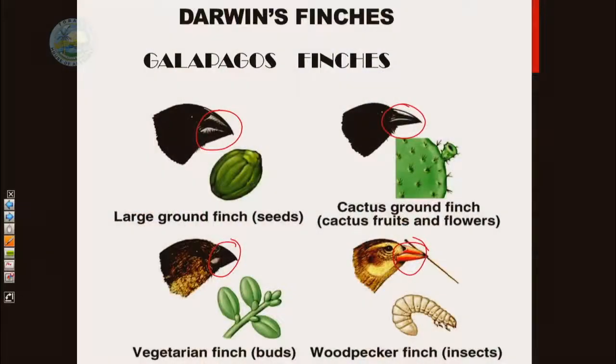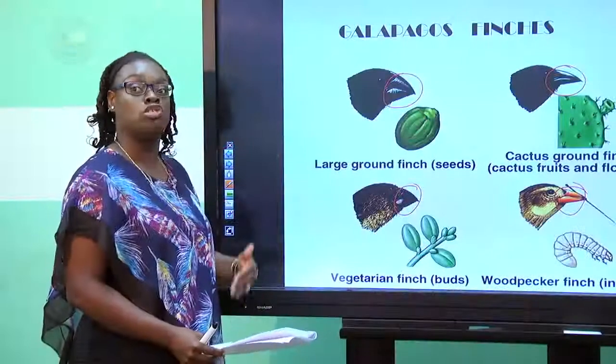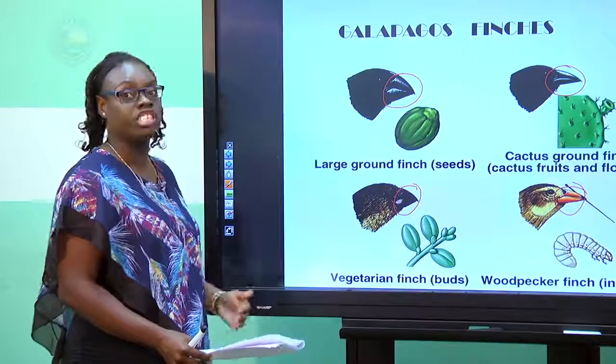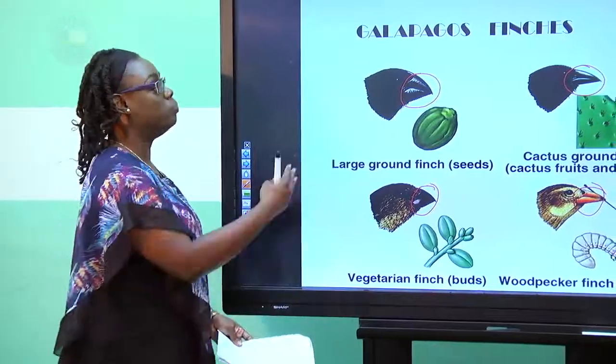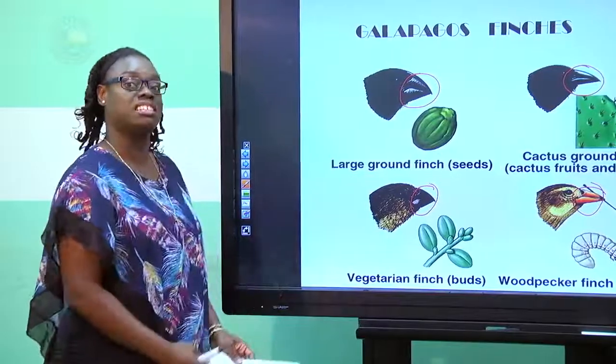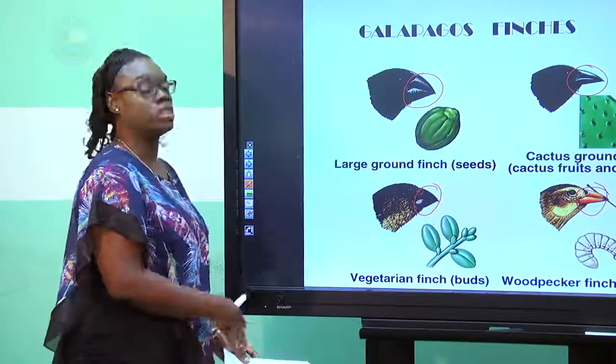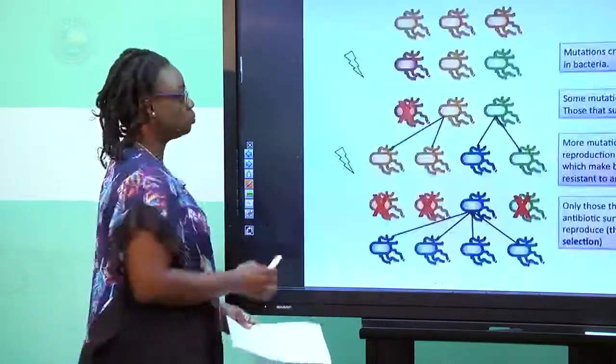On one particular island, and they were able to study this in recent times, there was a drought, and that resulted in the survival of only the birds with large beaks, because they were the ones who were able to successfully find food, and they were able to reproduce and pass their genes on to the next generation over time. So the birds with the smaller beaks were selected against in favor of the birds with the larger beaks.